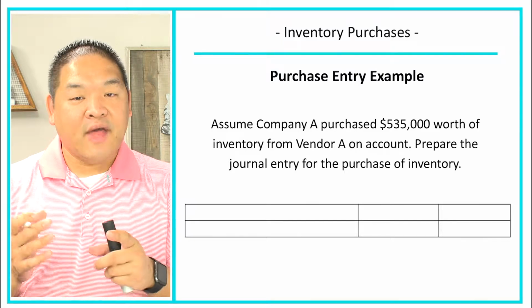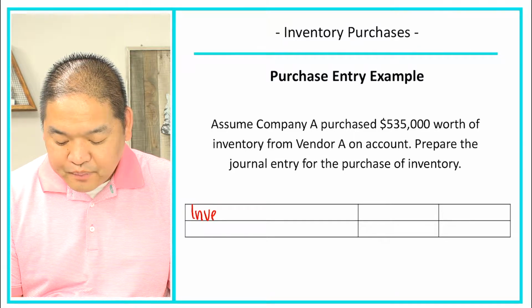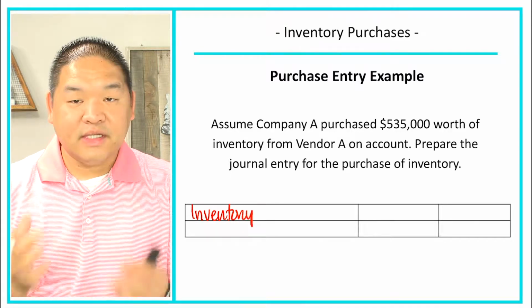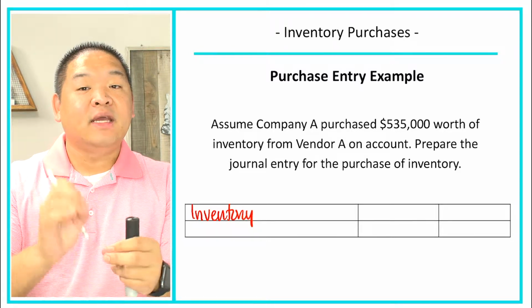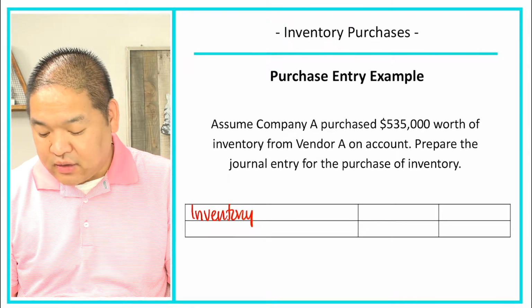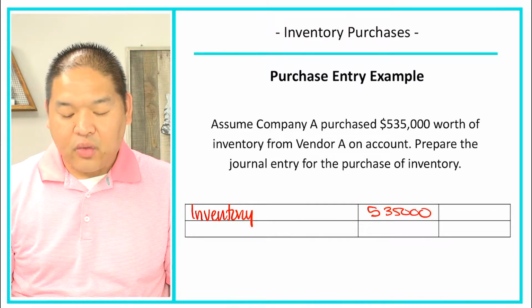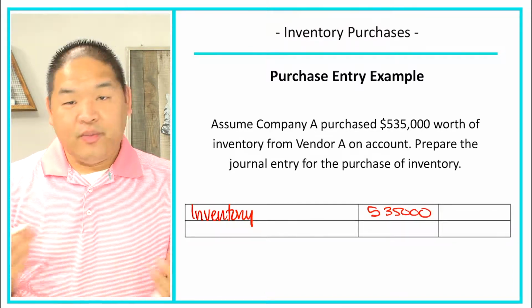If that is the case, we will debit the inventory account because we're receiving inventory. Inventory is an asset, and increases in assets are debits on our books. So inventory debits $535,000.